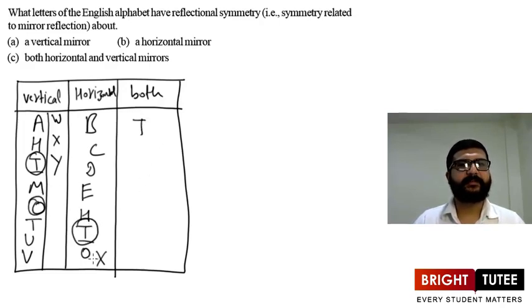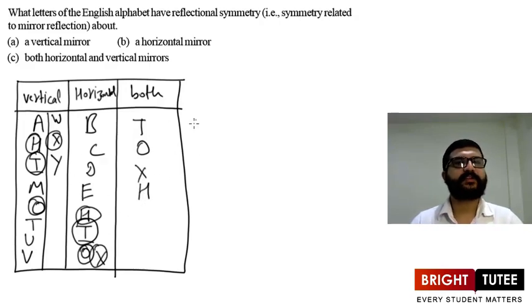Then O is also common, then X is common, and one more here, H, is also common. So we get results like this when we check for each and every letter. Now you can check for all the letters.